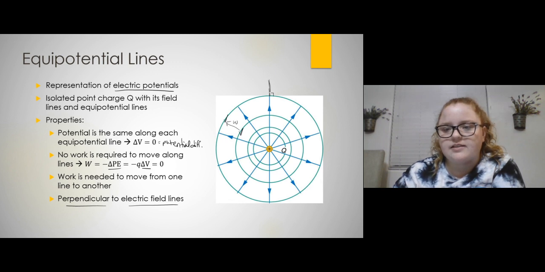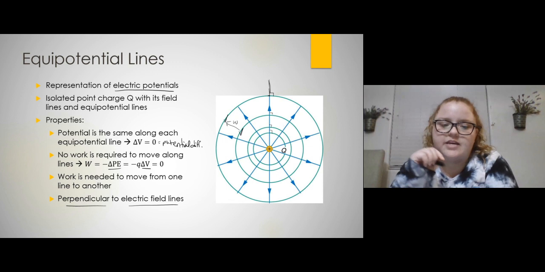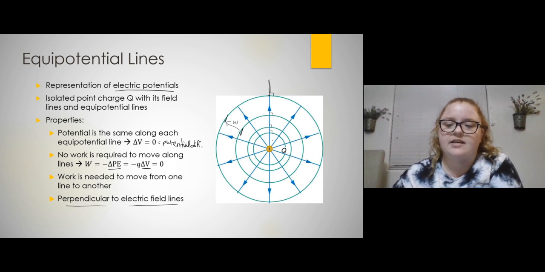That's going to be true for all of these. At each point, we have a right angle between the equipotential line and the field line.